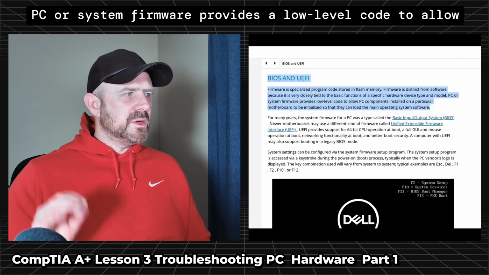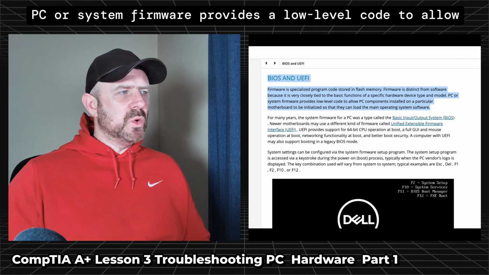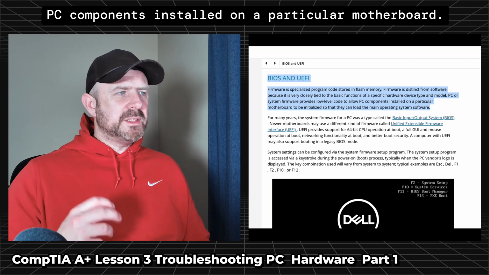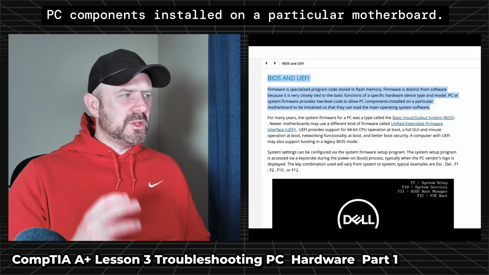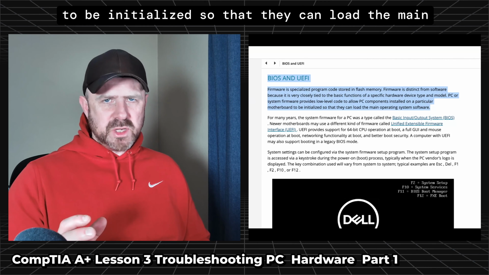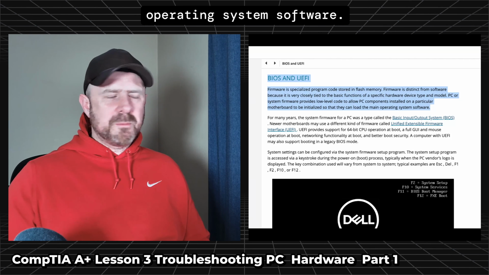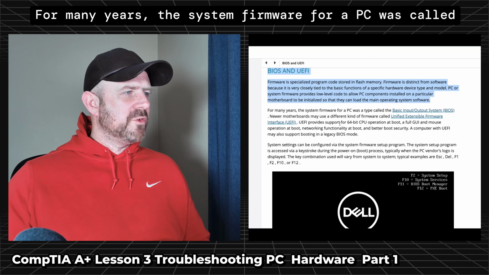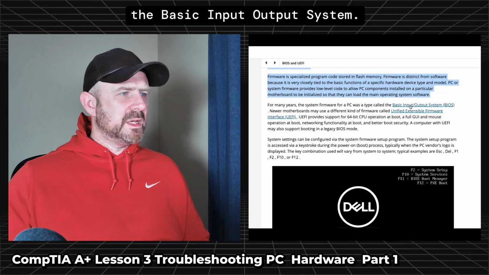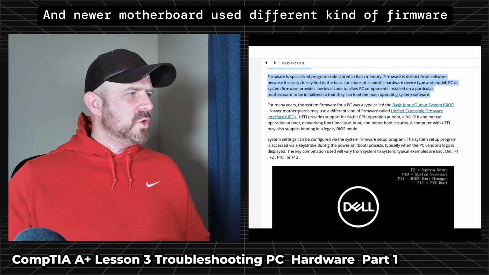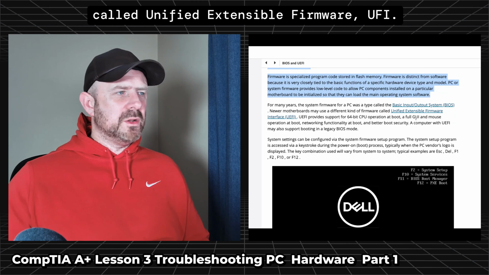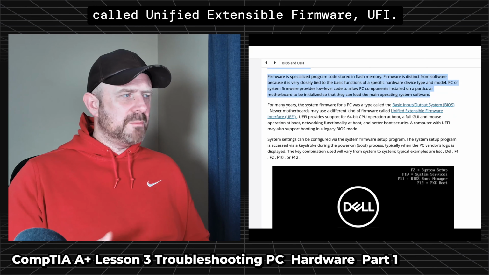PC or system firmware provides low-level code to allow PC components installed on a particular motherboard to be initialized so that they can load the main operating system software. For many years, the system firmware for a PC was called the Basic Input-Output System, and newer motherboards use a different kind of firmware called Unified Extensible Firmware Interface, UEFI.